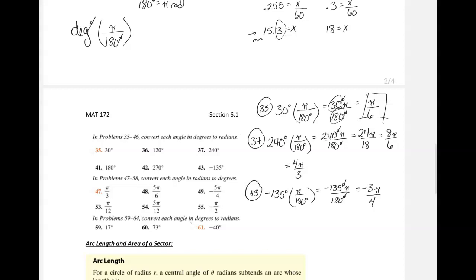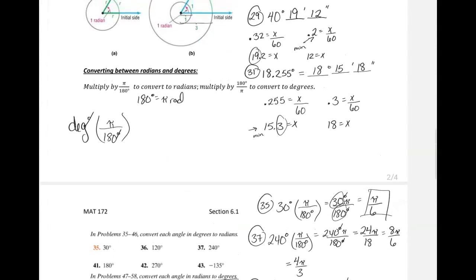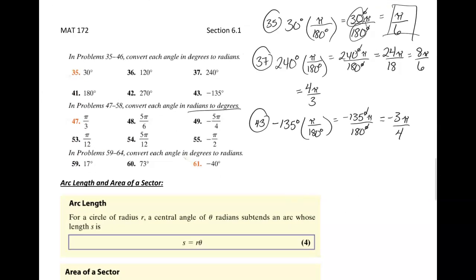So there's our equivalency. Now, suppose we want to go the other way. We want to convert from radians to degrees. To convert from radians to degrees, we're going to multiply by 180 over pi. So let's look at an example. Let's look at number 48. In 48, we have 5 pi over 6.